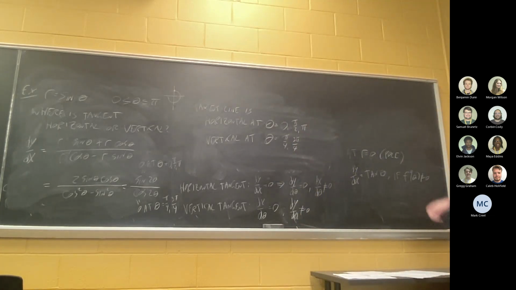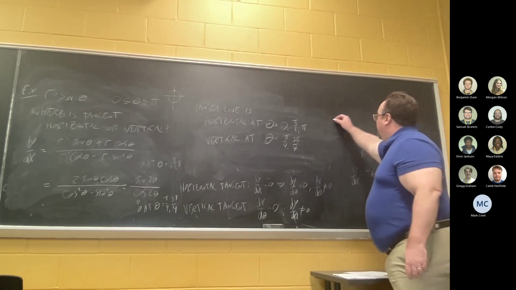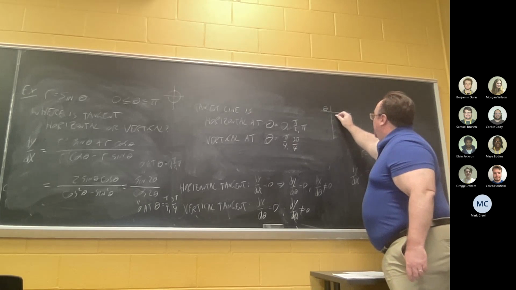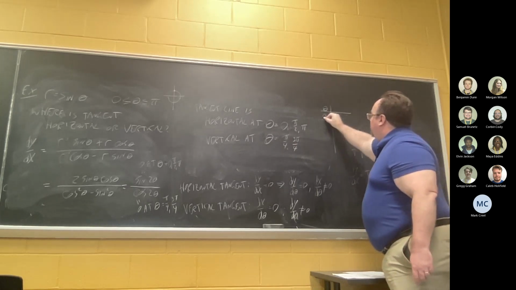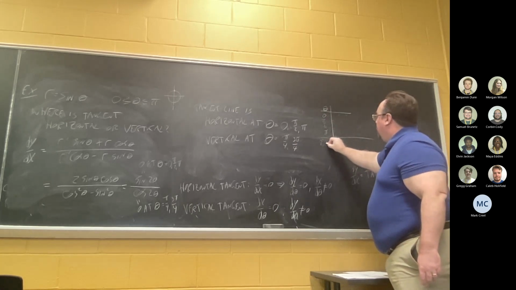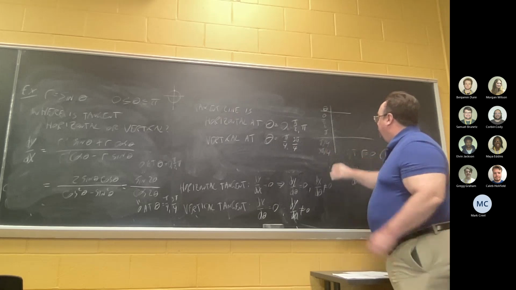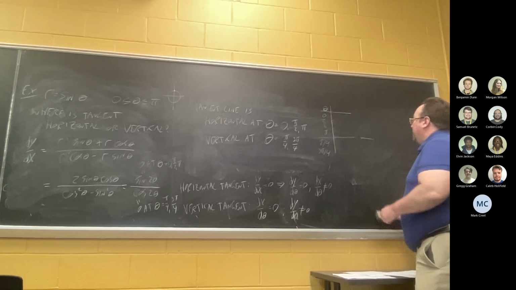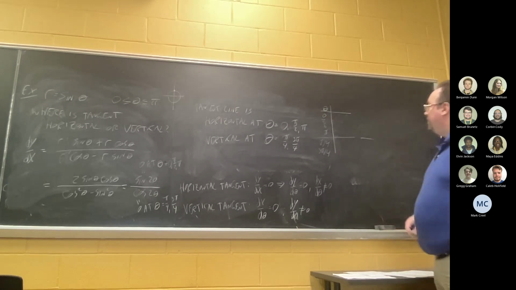Now, what you could do though is substitute those theta values into your polar equation. We have 0, pi over 2, and pi for horizontal tangent, and pi over 4 and 3 pi over 4 for vertical tangent, because I want to see where in the XY plane, what the X and Y values are, where these tangents occur.